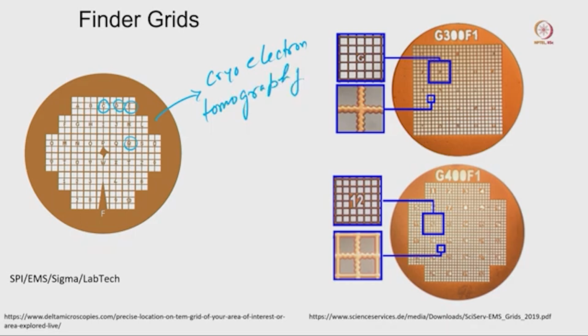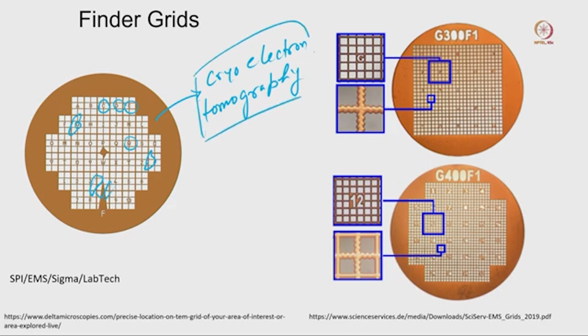We use this kind of finder grid because sometimes we use the correlative light and electron microscopy technique, where you have a fluorescent tag in a bacterial cell, and the bacterial cell might stay here. In the fluorescence microscope we can see that, and now we insert the same grid. So if there is a finder marking, we can say okay, my bacteria is somewhere between F and G. If there is some kind of marking, it is easy to find those bacteria.